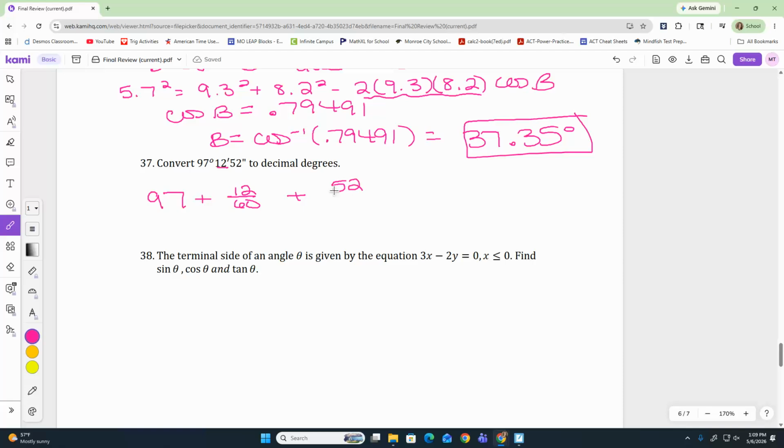How many seconds are in a degree? Think about time if you need to. 60 seconds in a minute, 60 minutes in an hour. So 60 times 60. So then if we type this in, we get 97.2144 degrees.